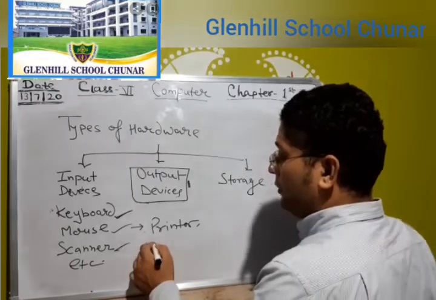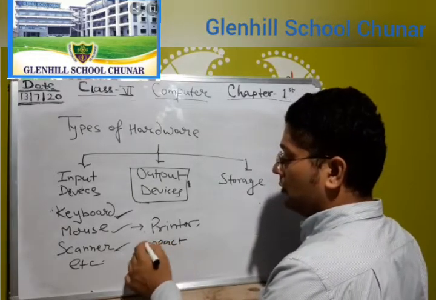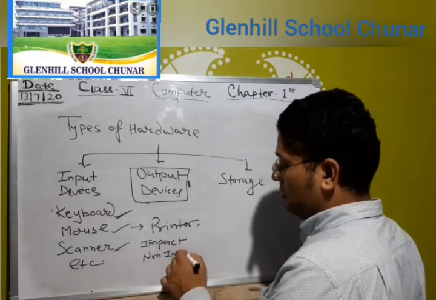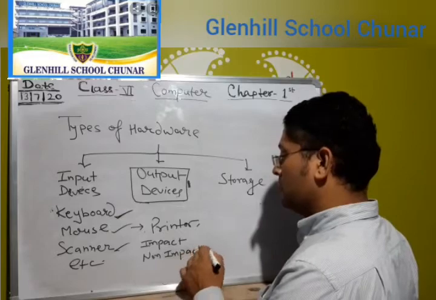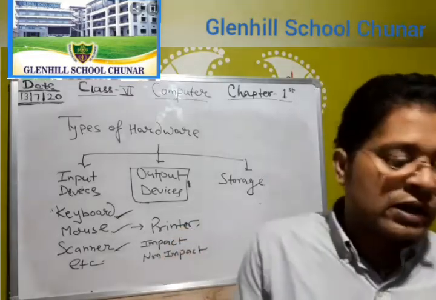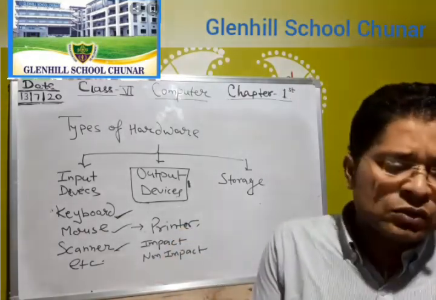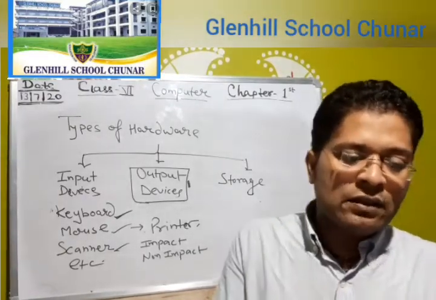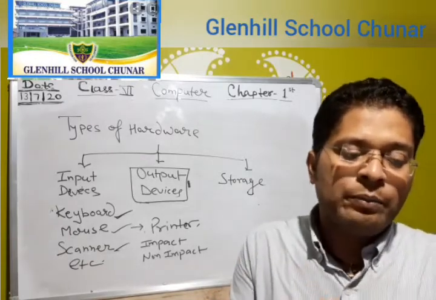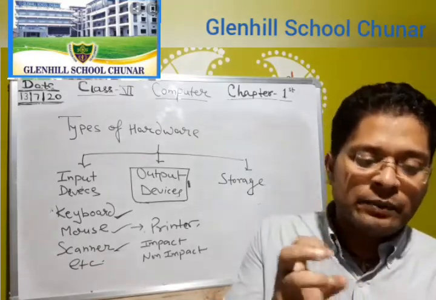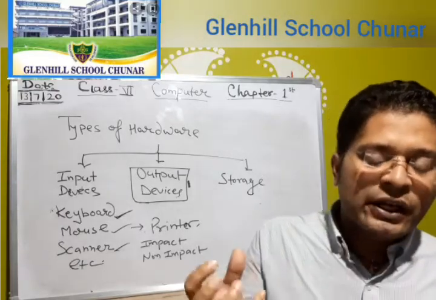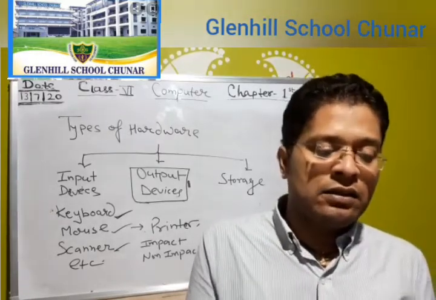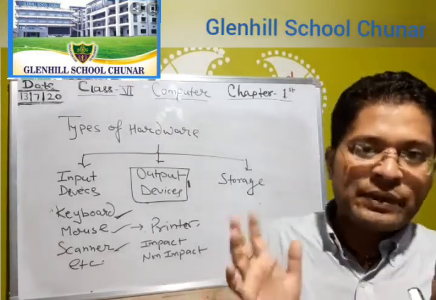There are two types: impact and non-impact printers. In an impact printer, the character is formed by physical contact or pressure of the print head against an ink ribbon, giving impact on the paper like an ordinary typewriter.